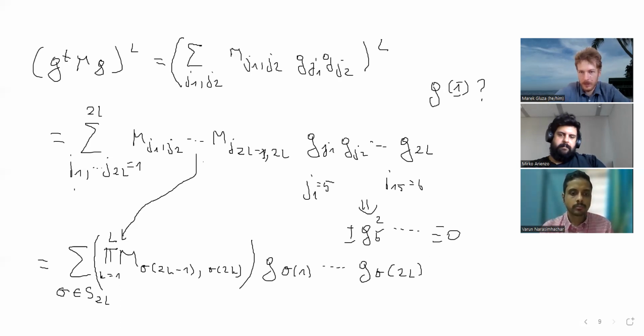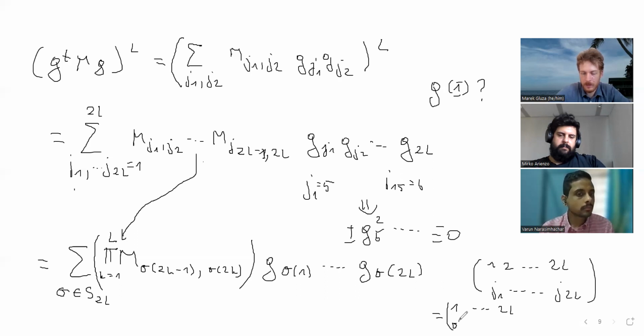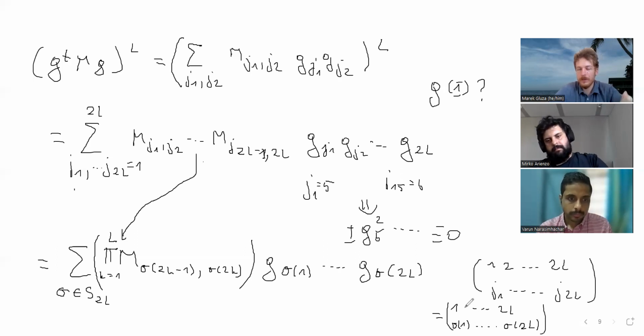And the last thing is, how do we reorder it? But this is exactly what the sign of a permutation does. So if I had 1, 2 until 2L, and here I had j1 until j_{2L}, then I can write this as 1 until 2L in this permutation array, and here I have sigma(2L). So out of the ordered string, to generate the sigma string, I need to make some transpositions.